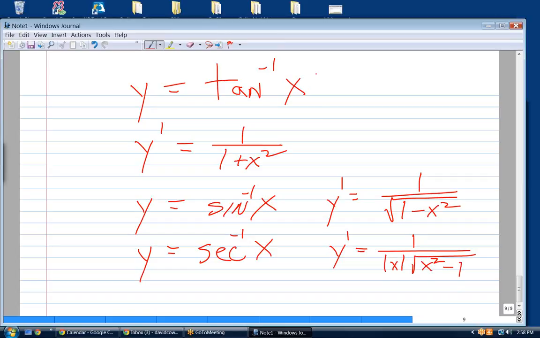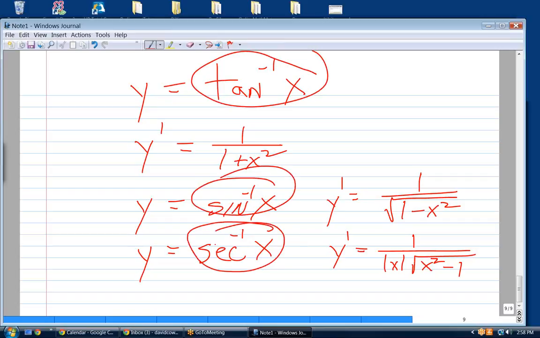Okay. So that's inverse tangent, inverse sine, and inverse secant. So what would the derivative of inverse cotangent be? Just negative 1. The negative of each of these. Yeah.